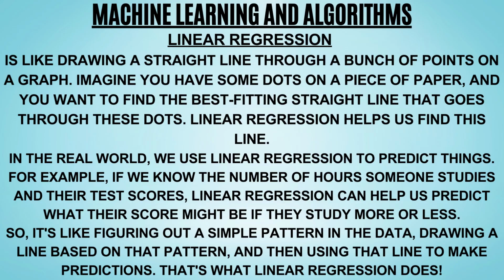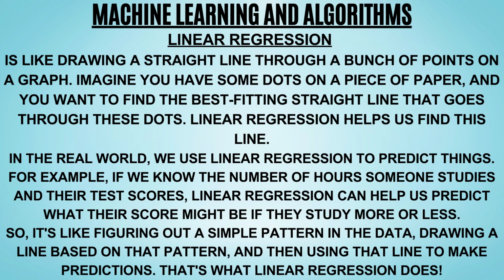Linear regression is like drawing a straight line through a bunch of points on a graph. Imagine you have some dots on a piece of paper and you want to find the best fitting straight line that goes through these dots. Linear regression helps us find the line. In the real world, we use linear regression to predict things.